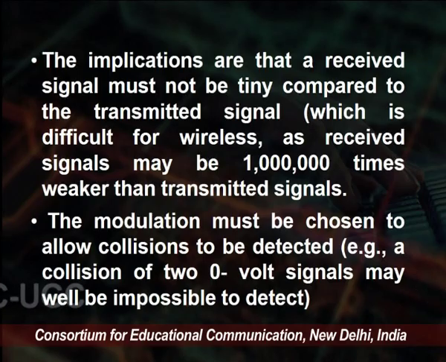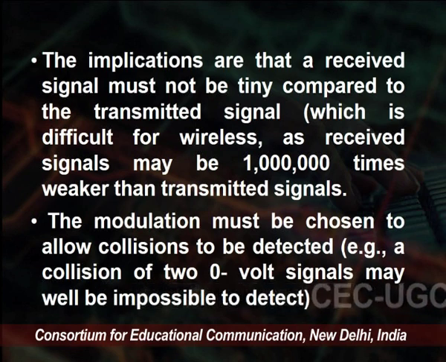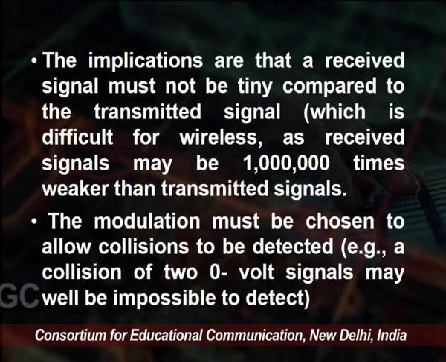Because your received signal may be 10 lakh times weaker than the transmitted signal, and the modulation we choose in order to transmit must be chosen to allow the collision to be detected. That means a collision of two 0-volt signals may well be impossible to detect. That means different voltage signals should be incorporated. So, this is the working principle, or the bottom line, of CSMA CD.